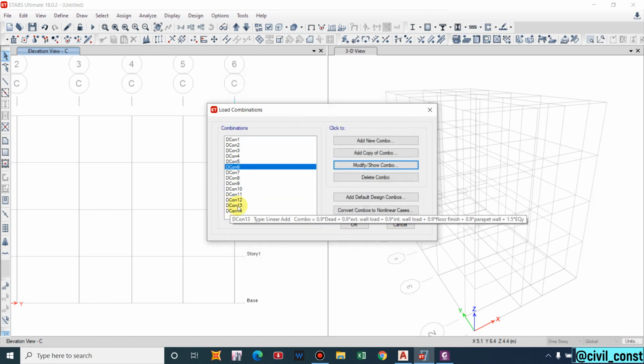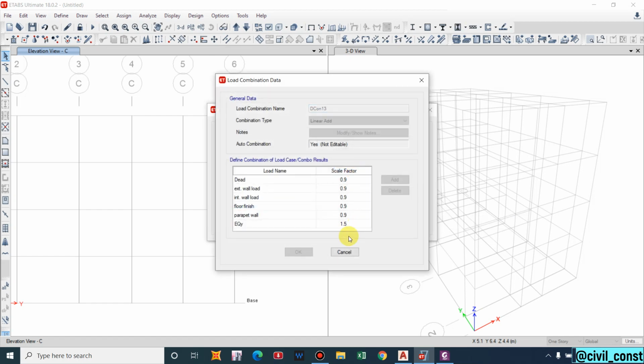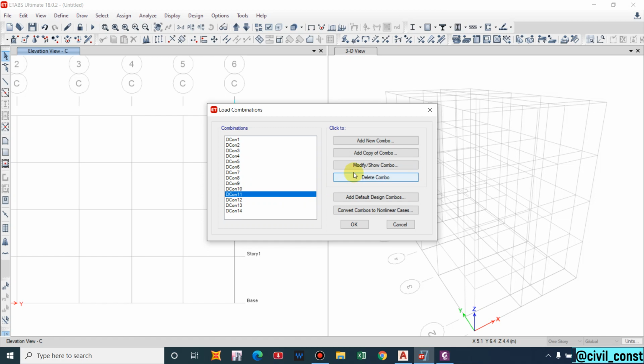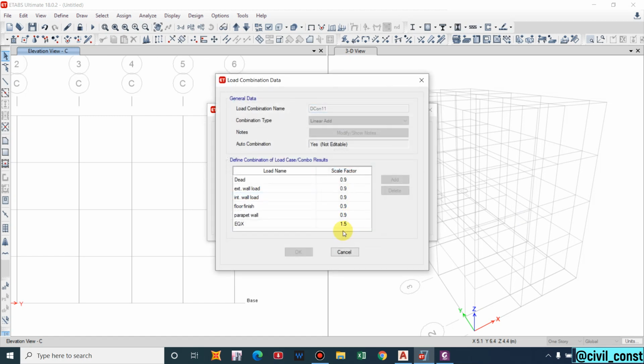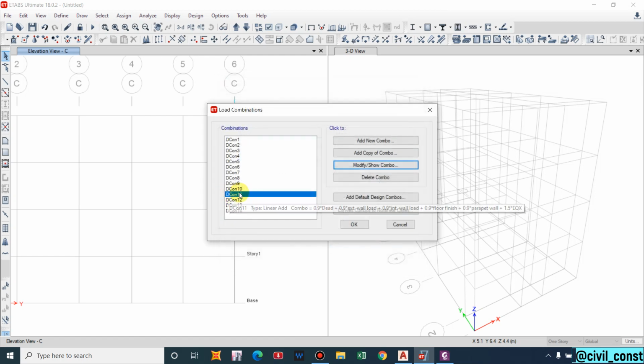So basically the combination of 0.9 times of dead load plus 1.5 times of the lateral load is done in order to consider the building being light, and it will be much easier to overturn the structure in response to the earthquake loading. So we are taking 0.9 times of dead load. Suppose the earthquake is causing an anti-clockwise moment, then the dead load opposes it, obviously the dead load is responsible for opposing the moment, and is conceived as a clockwise moment.